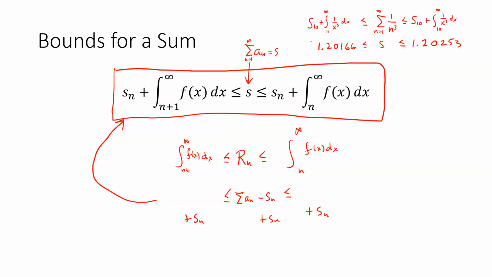So that gives us a good tight interval on which we can get the actual sum here. So we know our actual sum is going to lie somewhere in between these values.